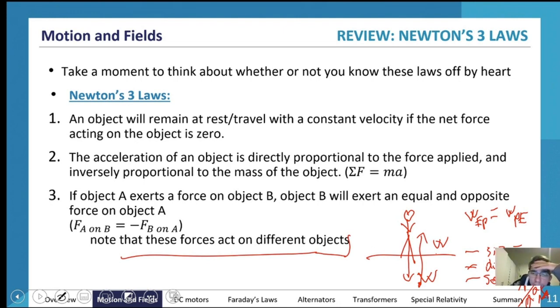Well, the reaction force of the normal force that the ground applies on the person is the normal force that the person applies on the ground.